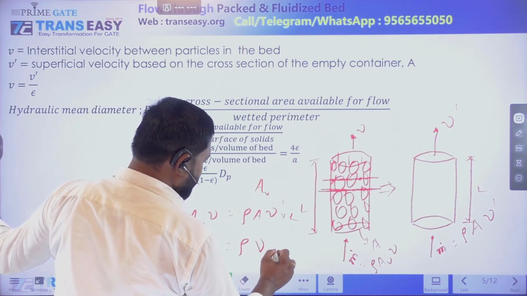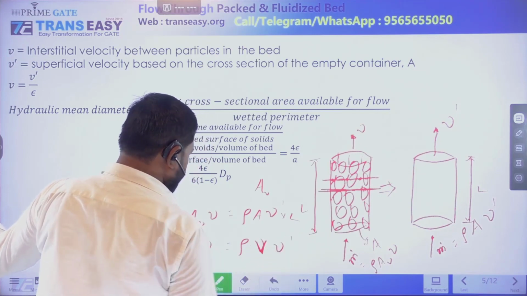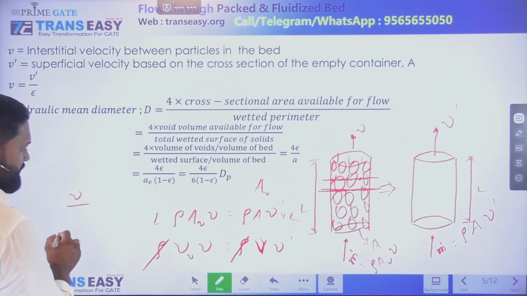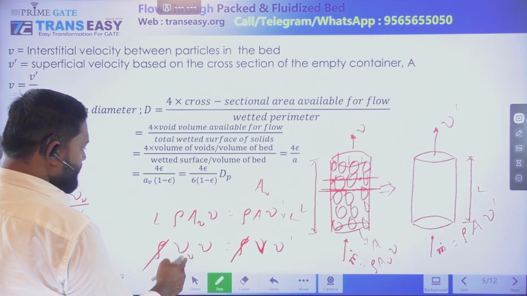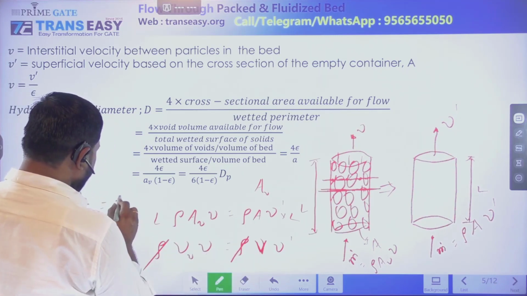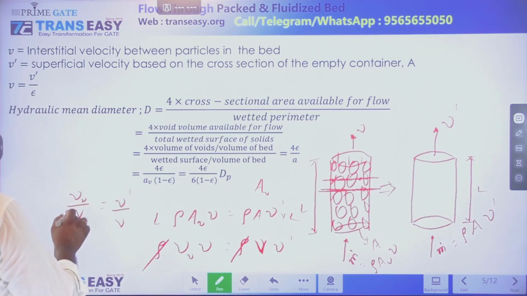Cancel the density: volume of the void upon total volume of the bed, right? Bringing this over, what do we get? So this is porosity. Clear?